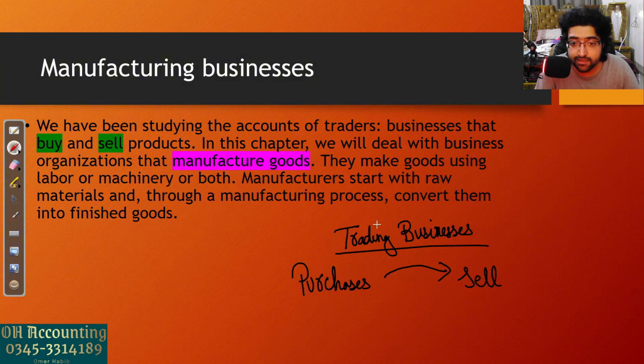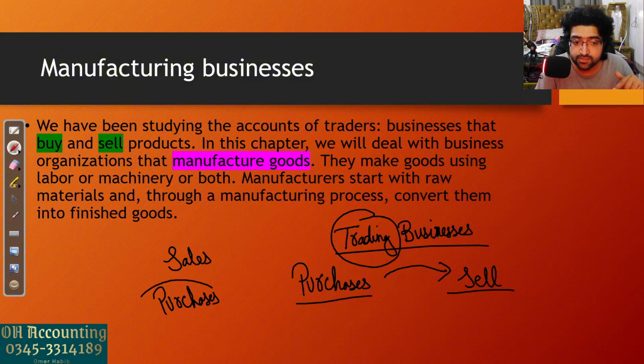That's why they're called trading businesses, because they're buying and selling goods. You remember in the income statement we have sales, and then in the cost of sales section we have purchases. So they are purchasing these goods, this is their cost of sales, and then they sell these goods to make income. So these are trading businesses.